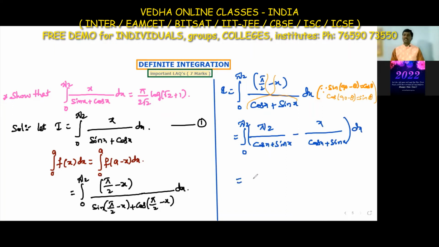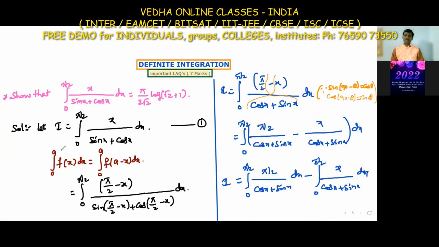Now separate the integration, for both the terms: the integral from 0 to pi by 2 of pi by 2 divided by cos x plus sin x dx minus the integral from 0 to pi by 2 of x divided by cos x plus sin x dx. This is the value of I.